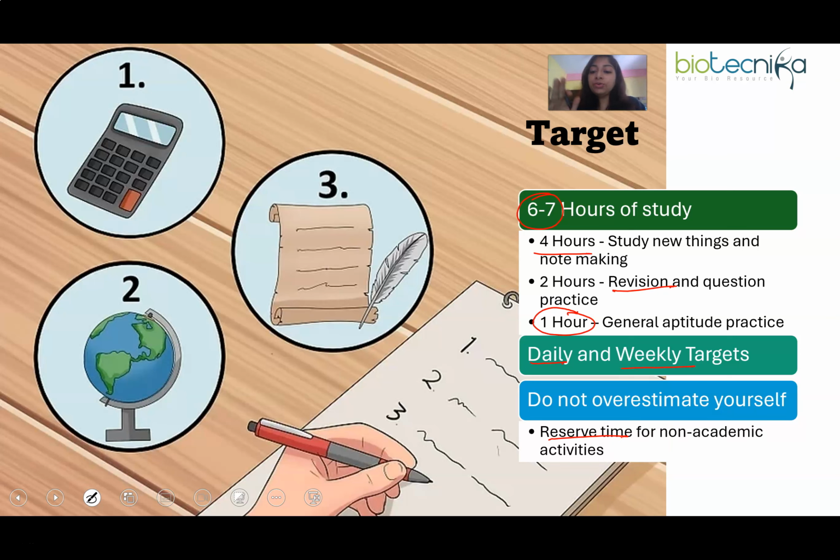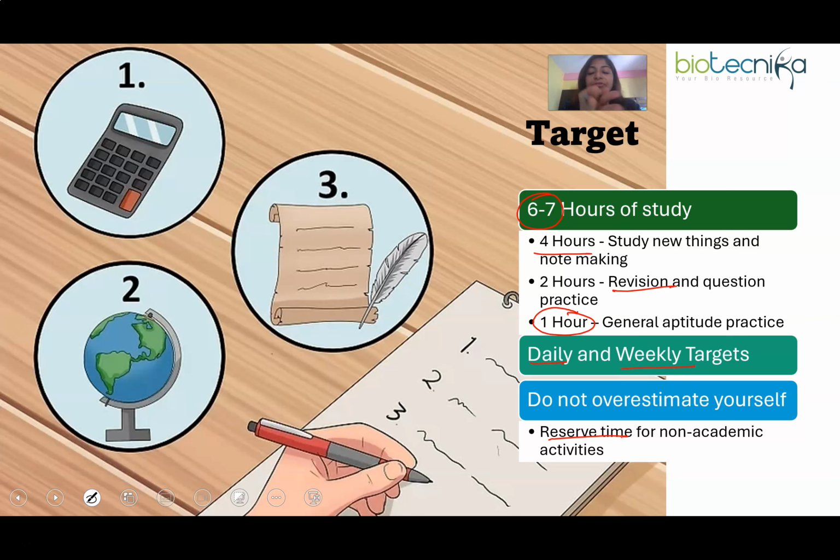When you keep time for these non-academic activities in your routine itself, then it will not create a backlog. Otherwise, if you have not kept time and have overestimated yourself, but ultimately you are going for these non-academic activities, then whatever you planned to achieve in those hours is now backlogged, you have not achieved it.